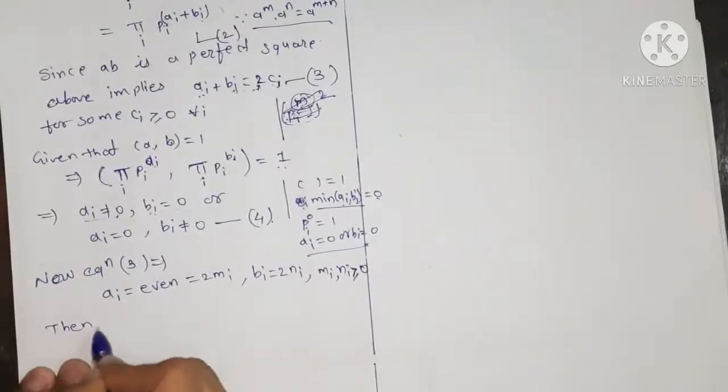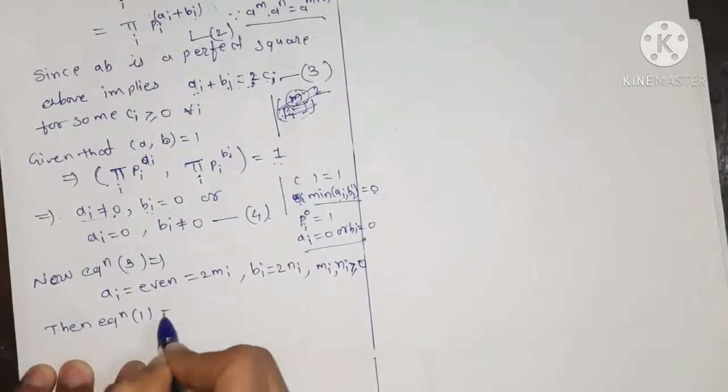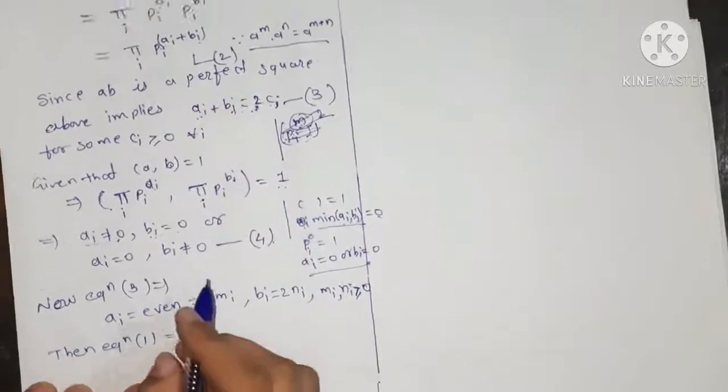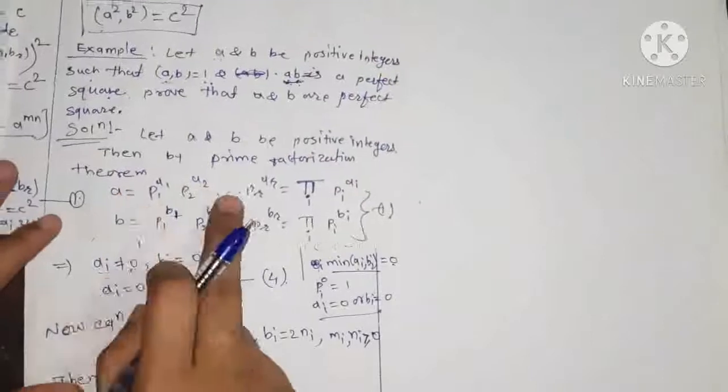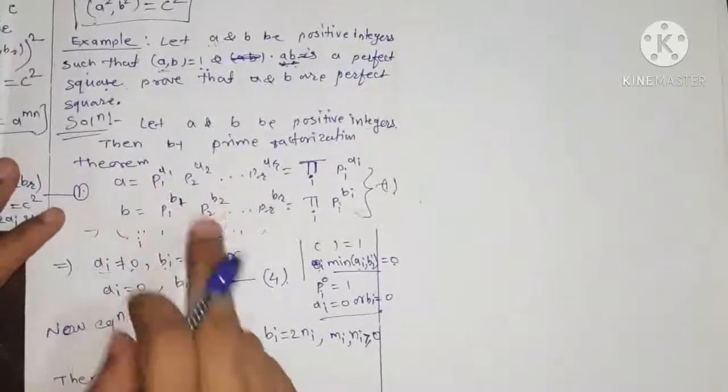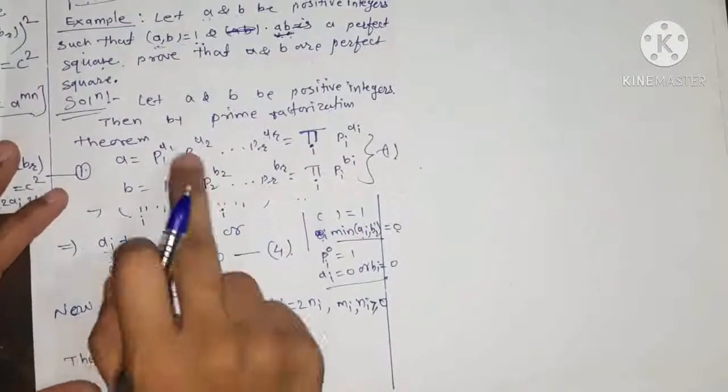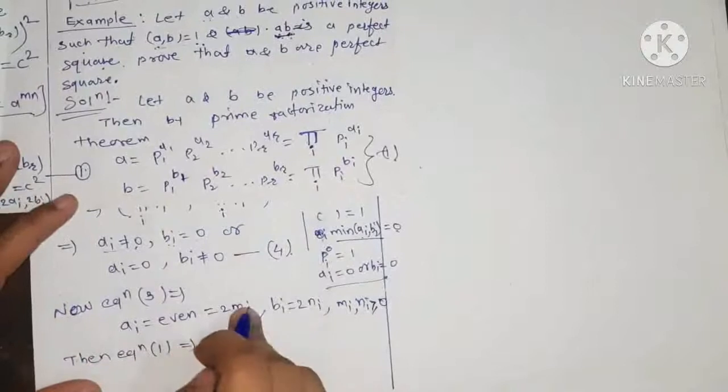Okay, then equation 1 implies what? Equation 1, that is the form of the product number, this is our equation 1. So then equation 1 implies a_i is 2m_i, right?